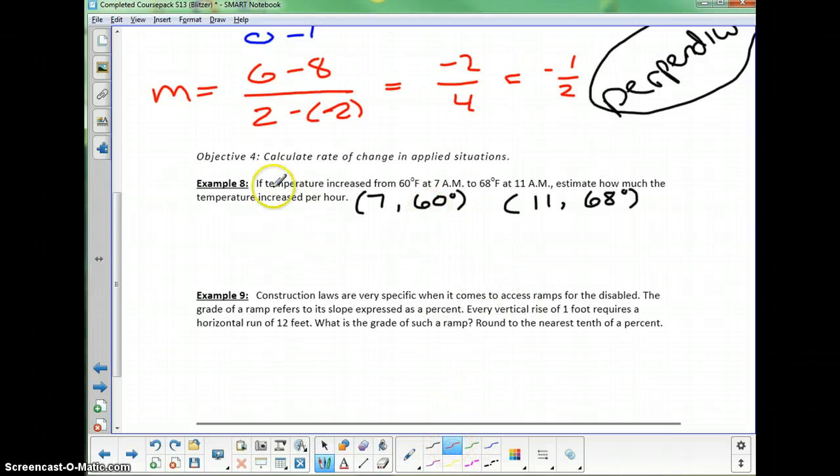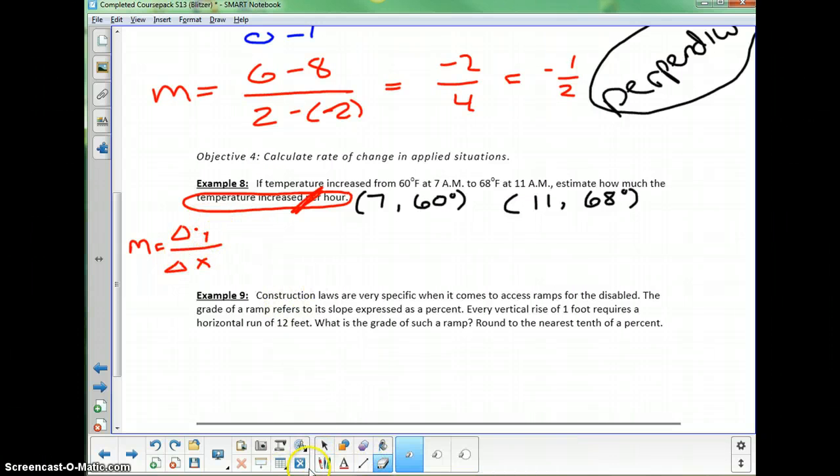Another way of seeing this is to look at the units in the answer we want. I want a measurement of temperature increased per hour. I know that per is a division word, so this is temperature divided by hour, and I know in slope I'm going to have change in y divided by change in x.